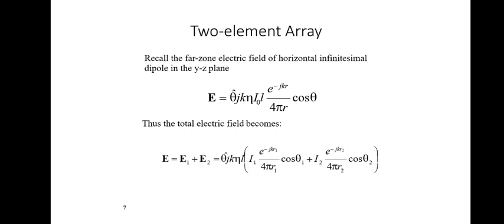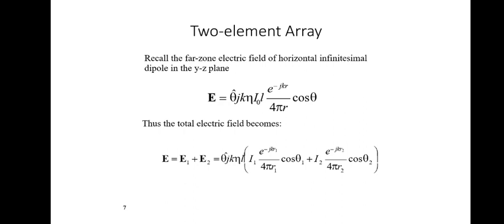So this is the total electric field, which involves beta d cos phi. E is equal to E1 plus E2. The total field of the two elements, where E1 is the far field due to source 1 and E2 is the far field due to source 2, is the field produced by this two element array at a distant point. So E is equal to E1 plus E2.